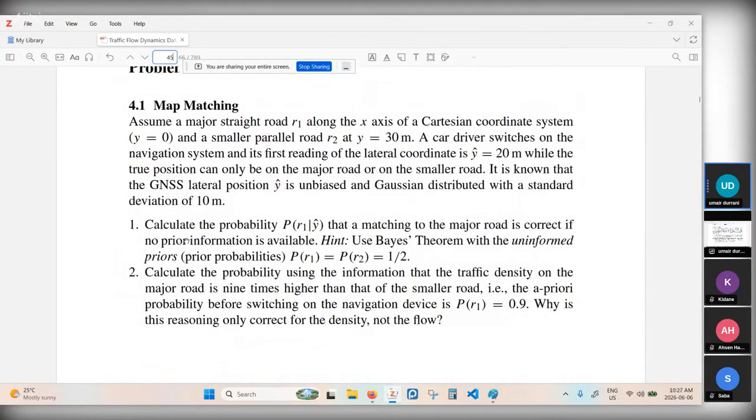So we are looking for R1, which is our hypothesis that you are on R1, and the evidence that we've got is y hat. Y hat equals 20 meters is given to us.